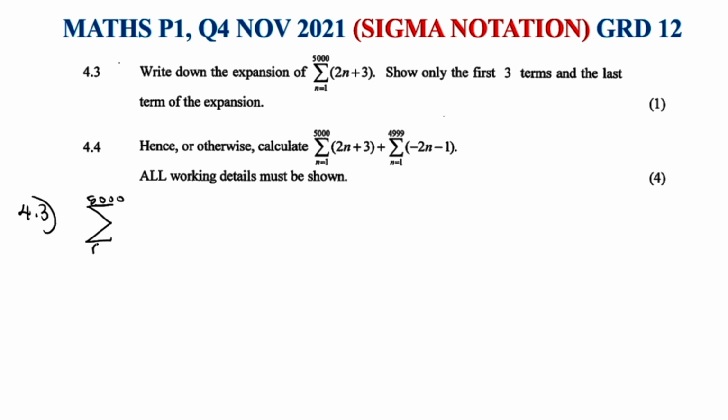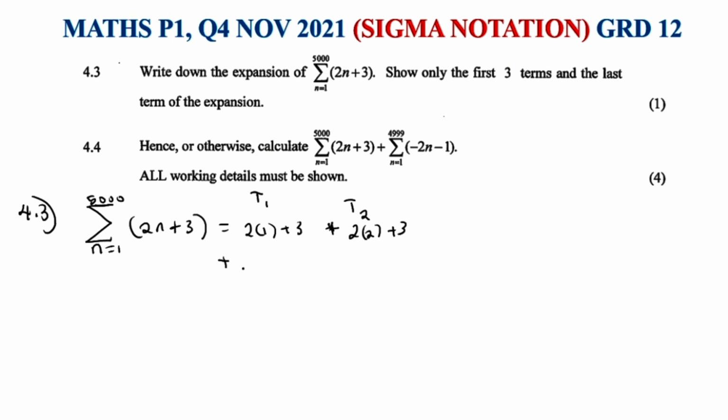5,000, n is equal to 1, 2n plus 3. They are asking us for the first term, T1, which we get when n is equal to 1, plus T2, which we get when n is equal to 2, plus 3.